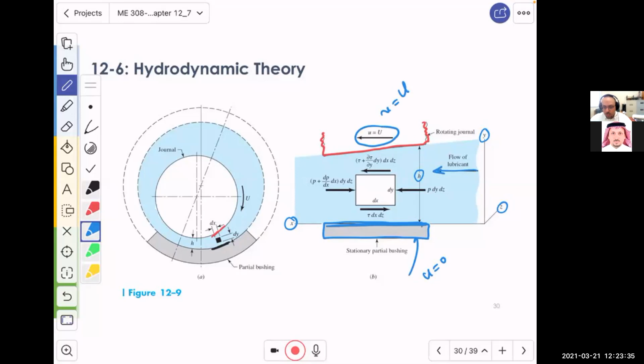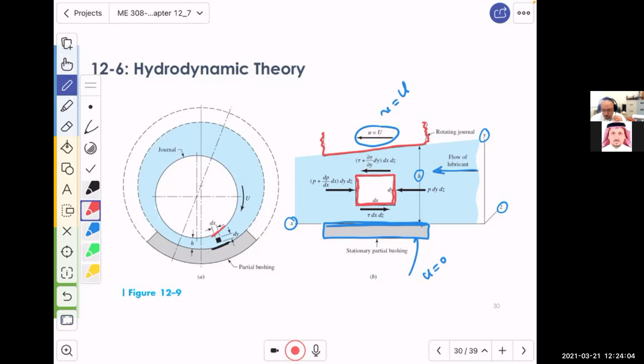Now, what do we do usually? We say, let's take this tiny infinitesimal element. That element is over here. We call it dy dx. By calling it dy dx, we are indicating that dy is too tiny, dx is too tiny.